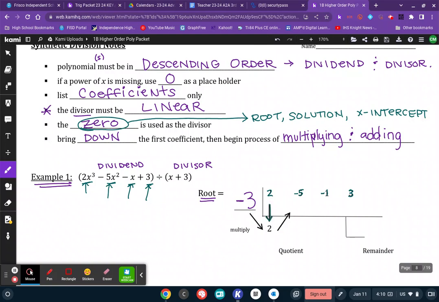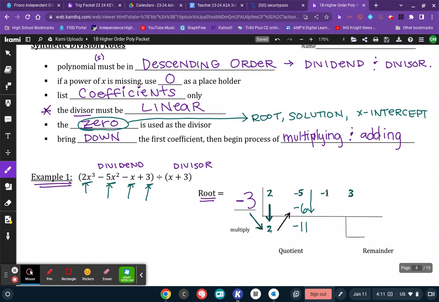You have to bring that down first and then begin. I multiply: I take the -3 and multiply it by the 2 here. -3 times 2 is -6. I'm going to put the -6 in this position, and then I'm going to add straight down that column. -5 plus -6 will give me -11.